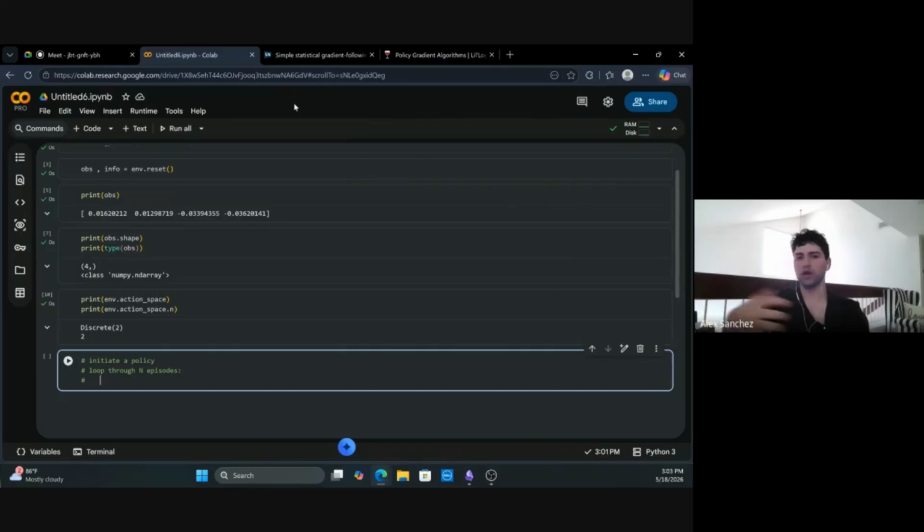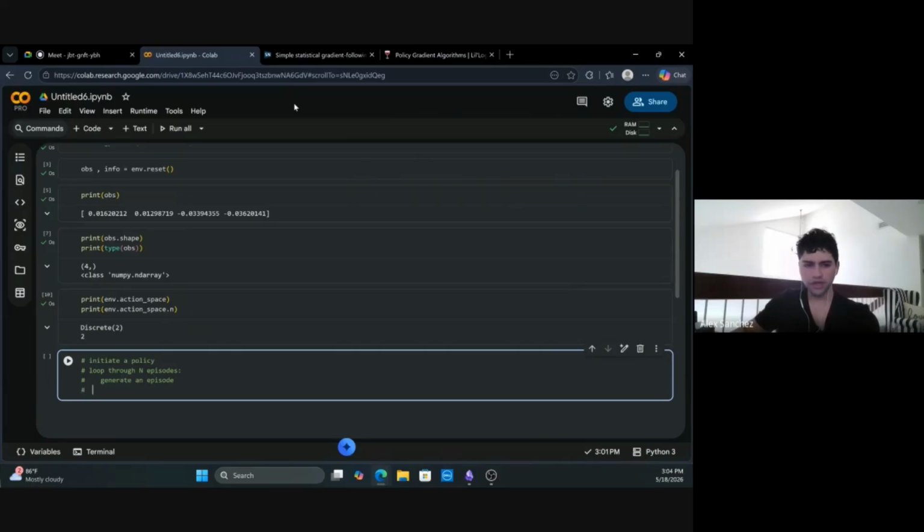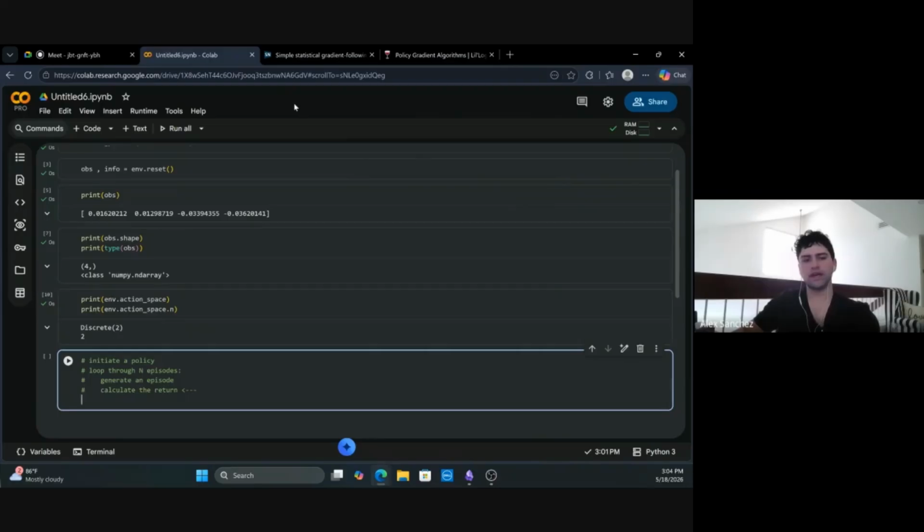That's 1 total episode, and we get a reward for each action taken. And then within those n episodes, we want to generate an episode and calculate the return. We'll get more on that in a second. And from there, we want to update the weights of our policy. It's a very simple algorithm. This is REINFORCE.